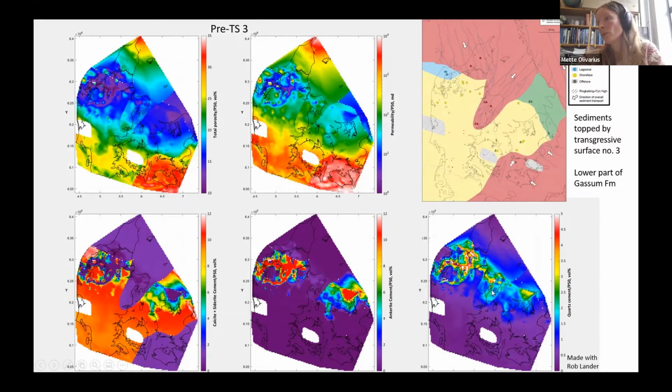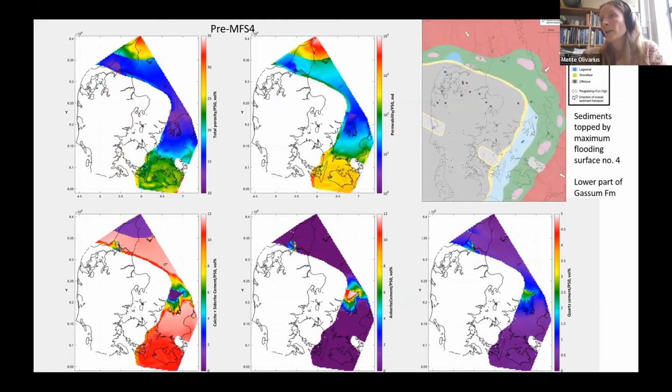And that is, of course, also very much related to the temperature. So this can be combined in this model. And these are some of the other minerals that form in the sandstones. Some examples. And this is an example from one of these transgressive events where most of this basin was flooded. So good reservoir sandstones were only deposited along the edges of the basin.